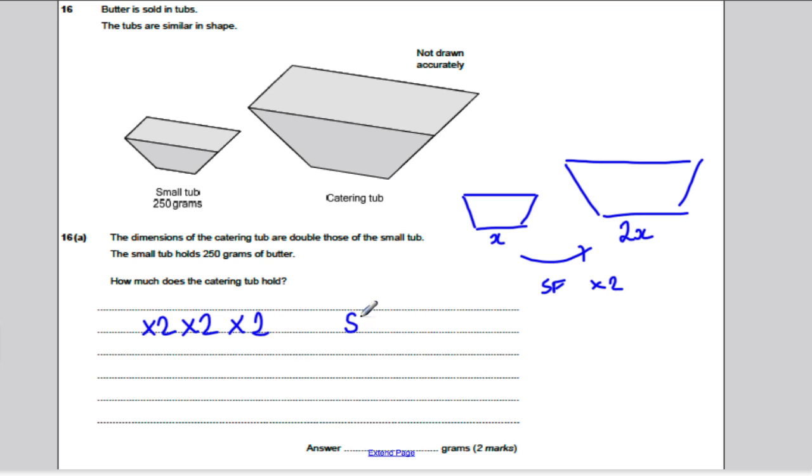The scale factor for volume in this case would be 8. So if you know the small tub holds 250 grams, the large tub must hold 8 times that, which is 8 times 250, which is 2,000 grams.